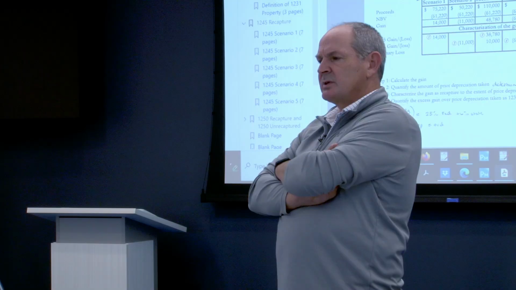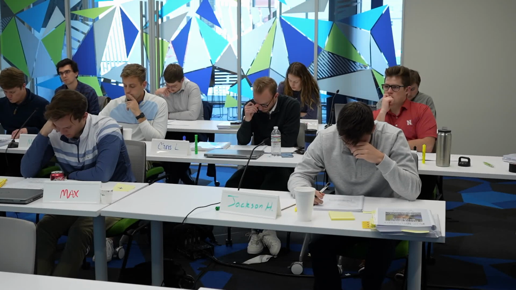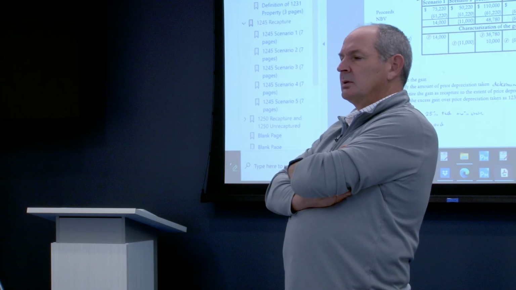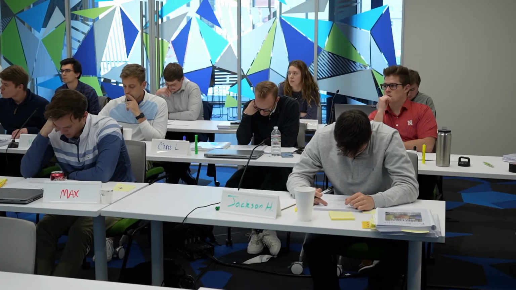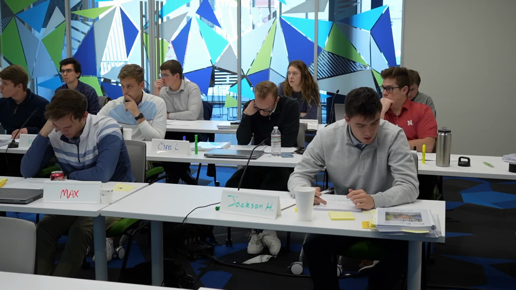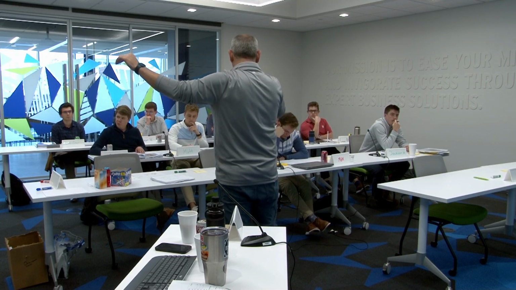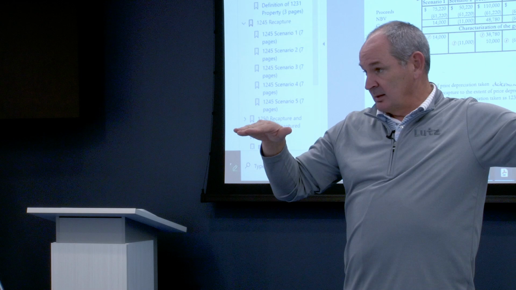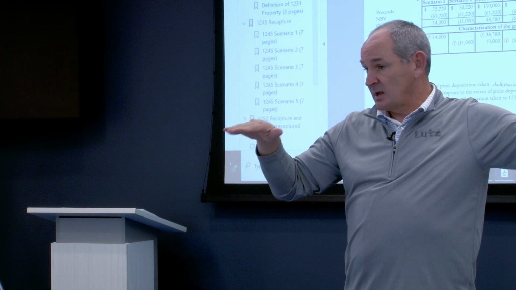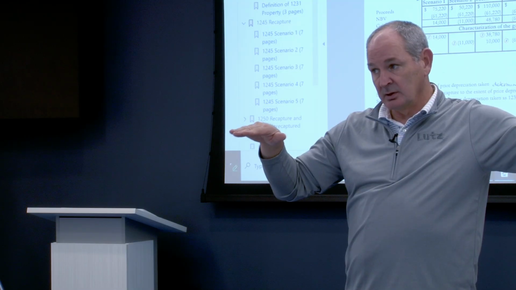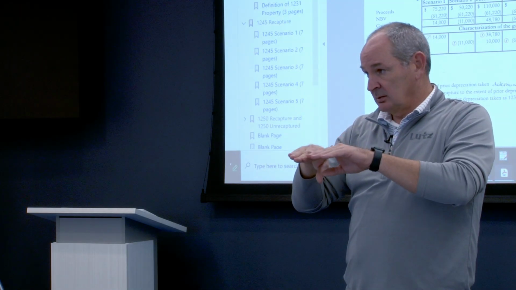Okay. And why is it most likely? Undercaptured 1231. Going back to that $500 loss at the beginning, if it gets to net capital gain, net 1231, you always have to stop and ask the question: do I have any prior 1231 losses that are going to affect the character of that gain?